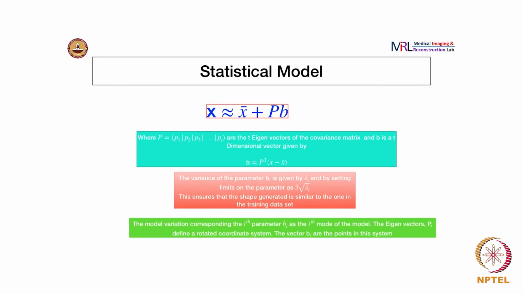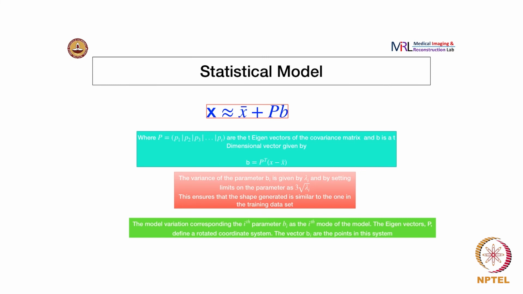Just to recap a bit, there are a couple of points that I would like to reiterate here. Now we have the shape parameters B, corresponding to each of the new axes that we have estimated from the PCA. We know that the lambda i, which are the eigenvalues corresponding to each of those new eigenvectors, describe the variance along that axis.